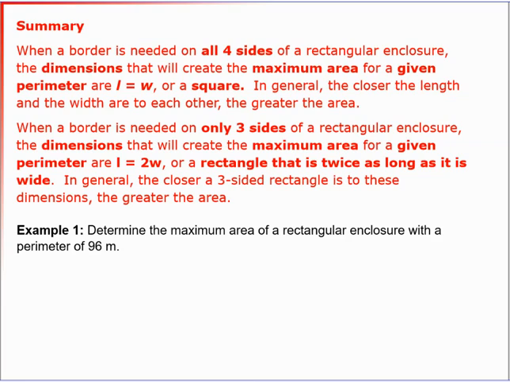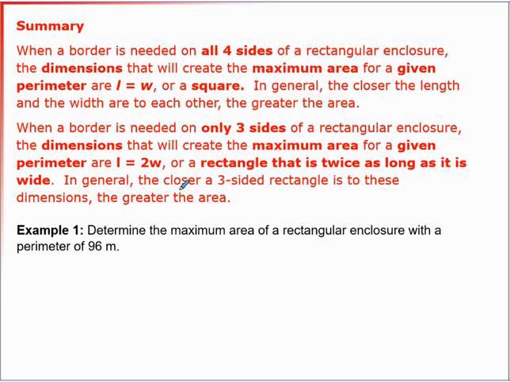When the border is needed on a three-sided rectangular enclosure, the dimensions that will create the maximum area for a given perimeter are length equals 2 times W, so twice W, when the length is twice as long as the width.